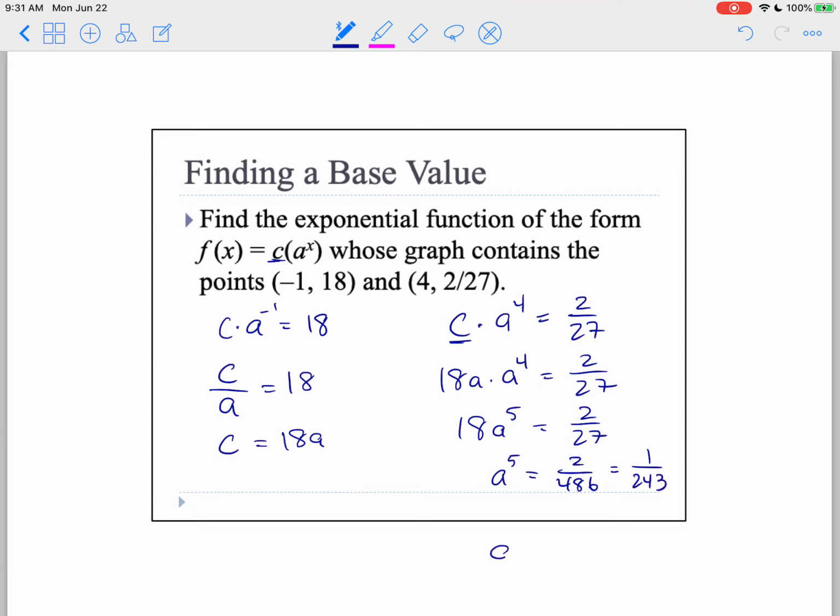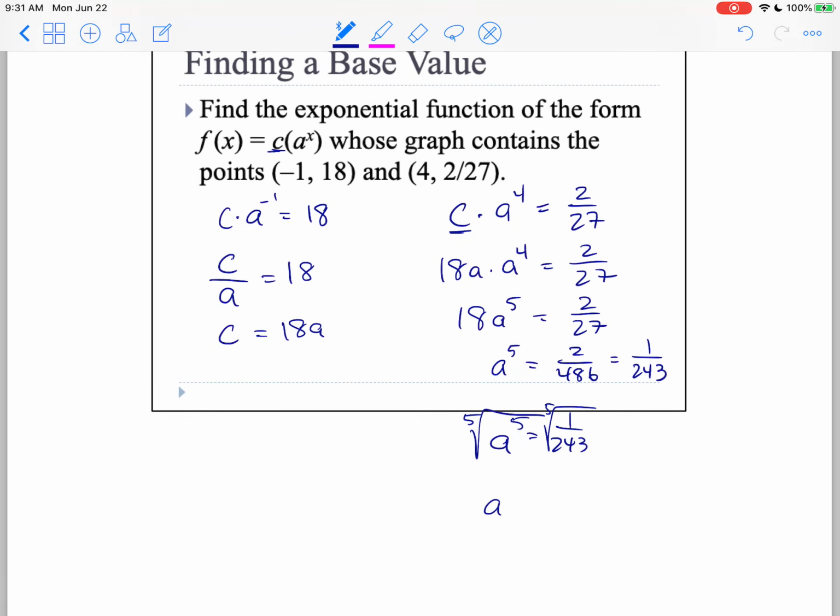And now if I want to get A totally by itself, I'm going to 5th root both sides. So let me just rewrite this equation. I'm going to take the 5th root of both sides of the equation. Another way to do this would be, if I want to get rid of the exponent 5, I could raise both sides to the 1/5 power, which is the same thing as the 5th root.